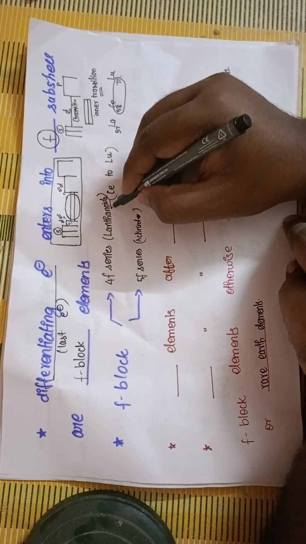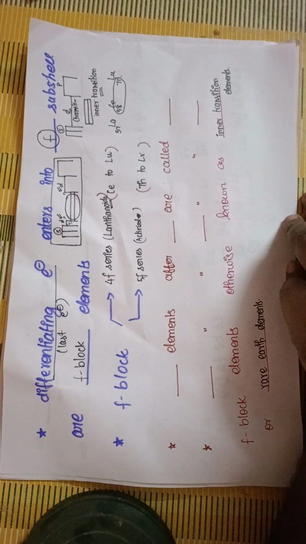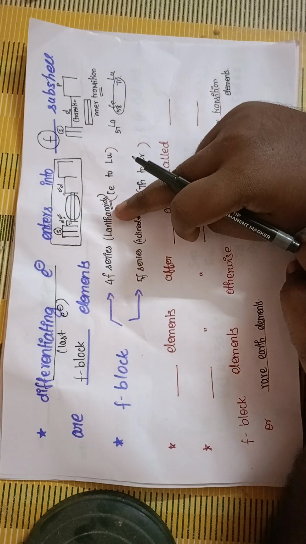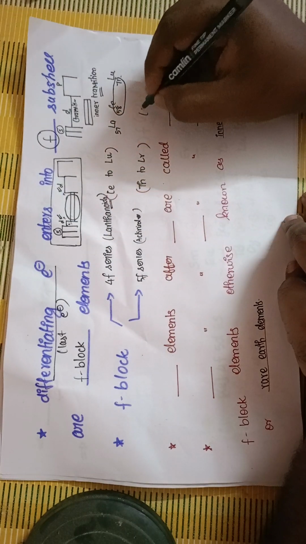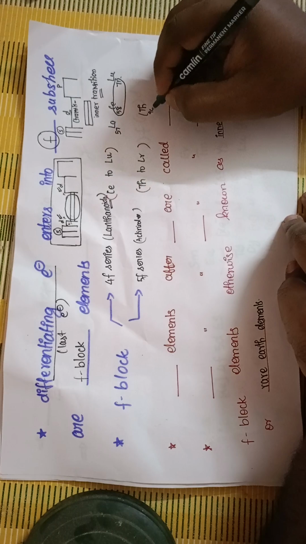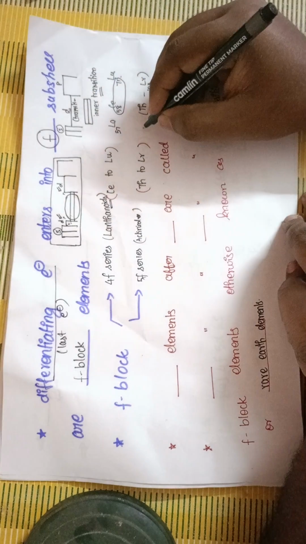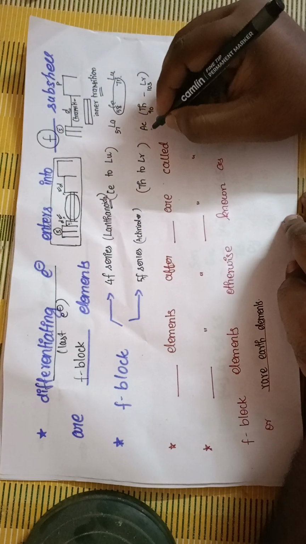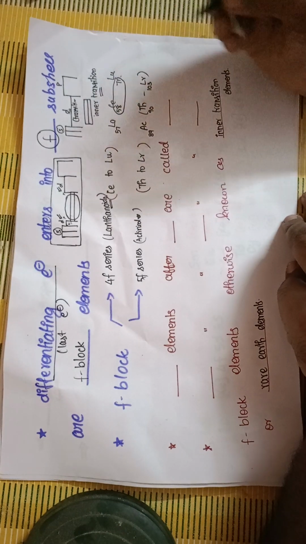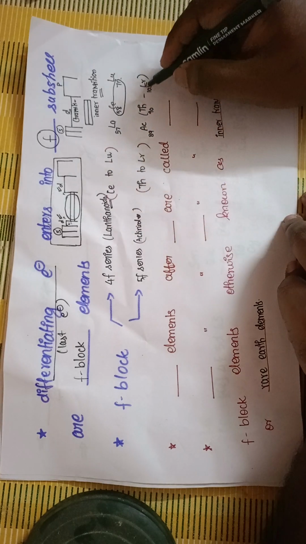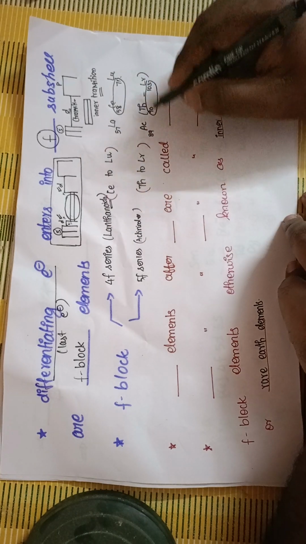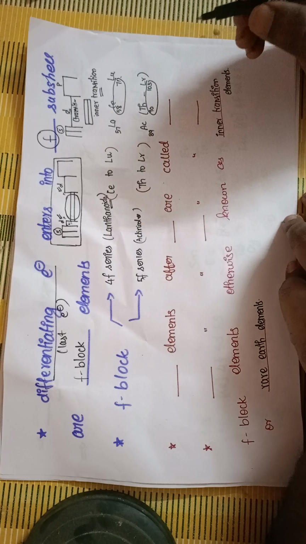You can write -noids or -nides, both are the same. Thorium's atomic number is 90 and lawrencium's atomic number is 103. They are present after actinium, atomic number 89. So these 14 elements come after actinium, that's why they are called actinides.